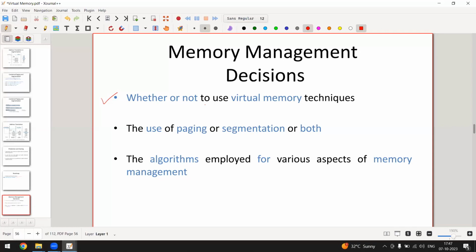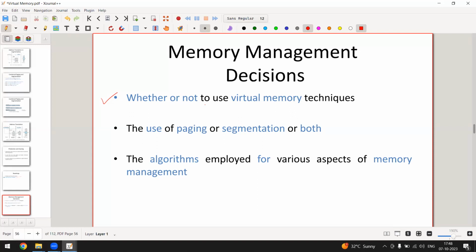In case of normal memory, you are assuming that all your pages and all your segments are present in the memory if you want to execute the entire process. In case of virtual memory, if only a few segments or few pages are present in the memory, then also you are fine. So the first decision is whether we want to use virtual memory or not.